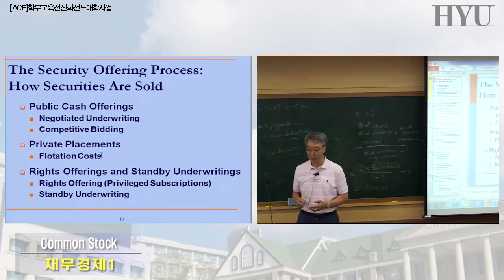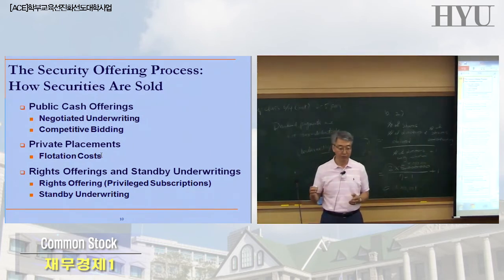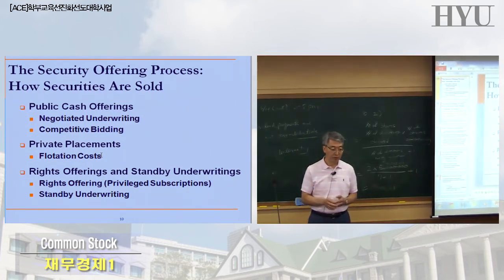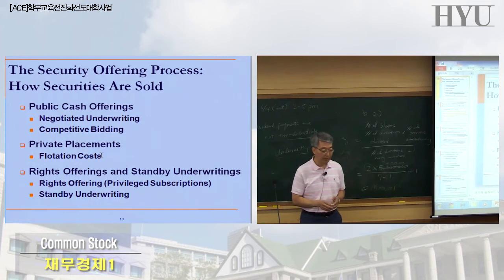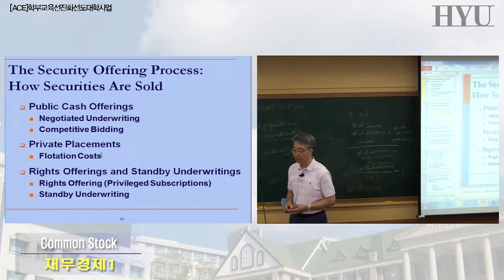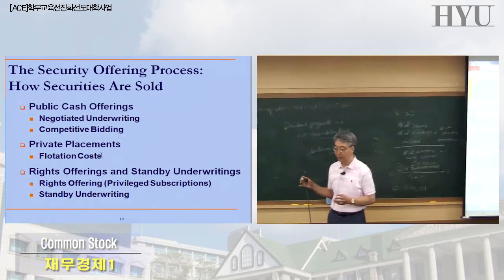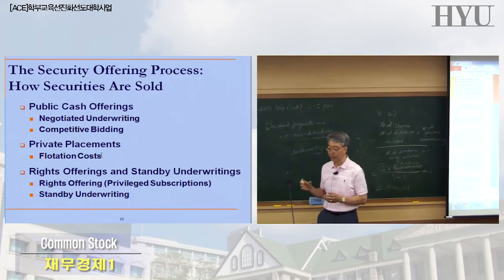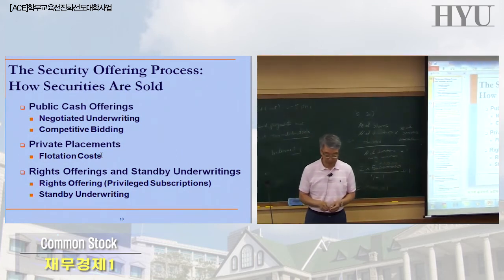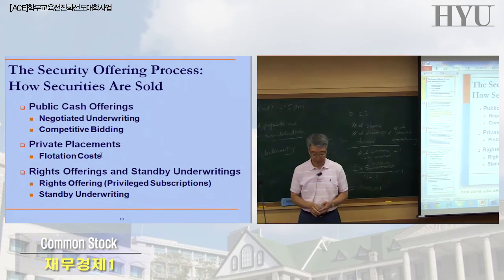In other words, the IB is doing some matchmaking. You find the seller and buyer and connect these two companies. So you basically borrow money from one private investor or investment company. That's the idea of private placement.